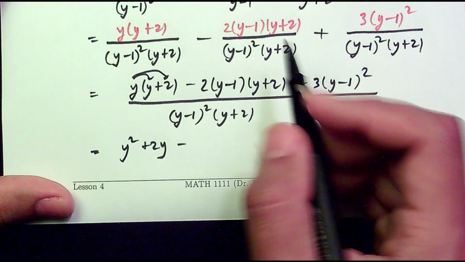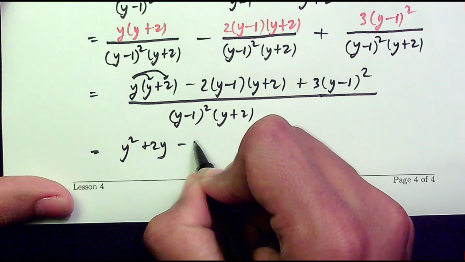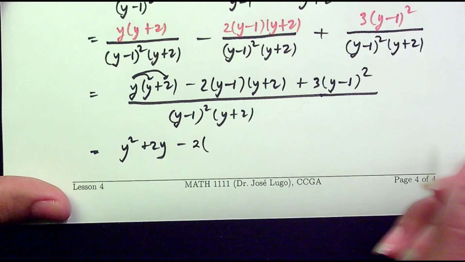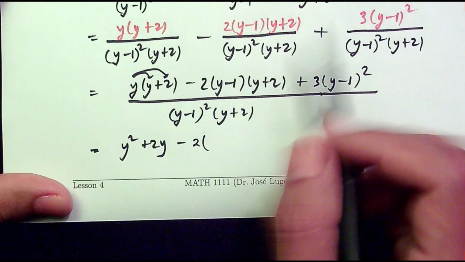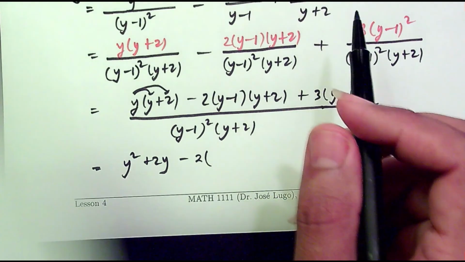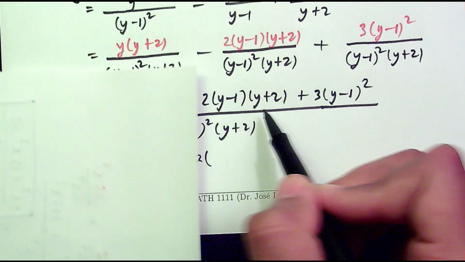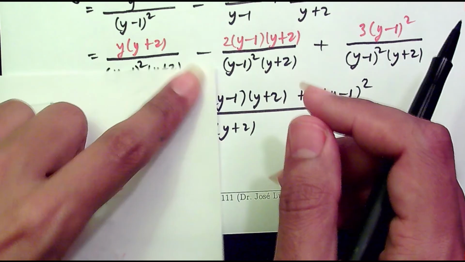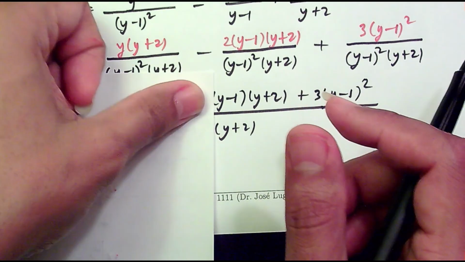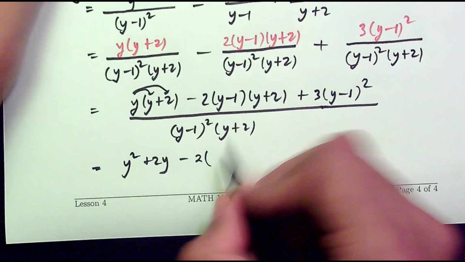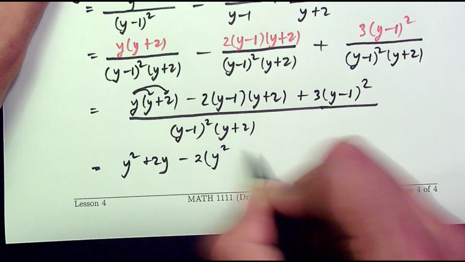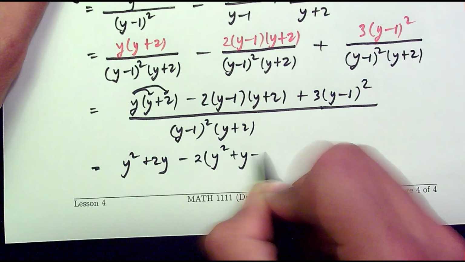Then I'm just gonna leave the 2 for last, and then FOIL these two. So I'm basically ignoring the 2 for a second and FOILing that out. You're gonna get y squared plus y minus 2.